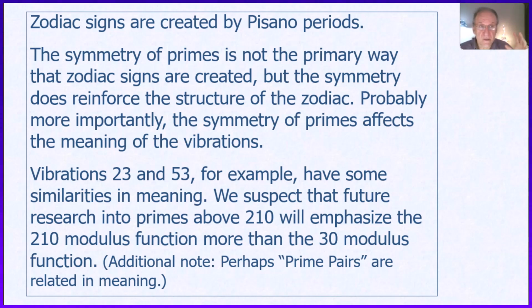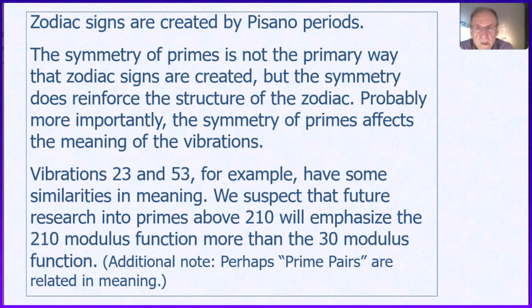I have at least a dozen videos on the ways in which Pisano periods, which are modulus functions of Fibonacci numbers, create the zodiac signs. The zodiac signs are formed out of these number sequences. They're embedded in spin. This is all explained in some detail. This is a very compelling theory, much more compelling than any other theory.